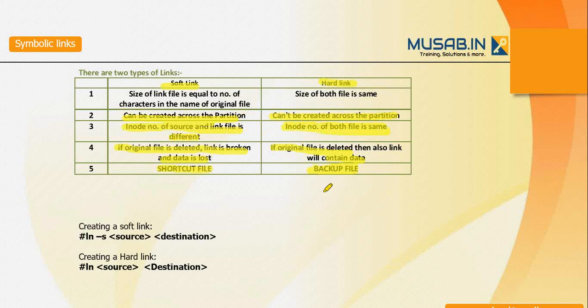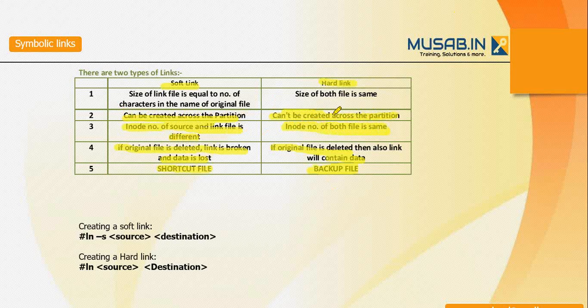If the partition changes, then the inode of the other partition will be different from the inode available in this partition. So these two inodes cannot be matched, and the hard link may not work in that scenario.